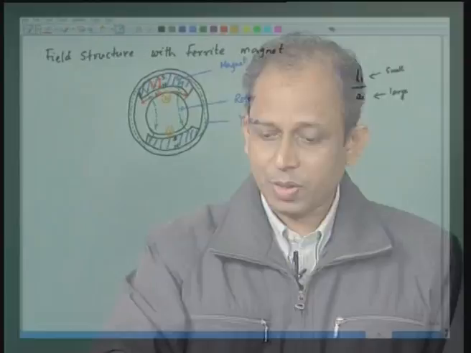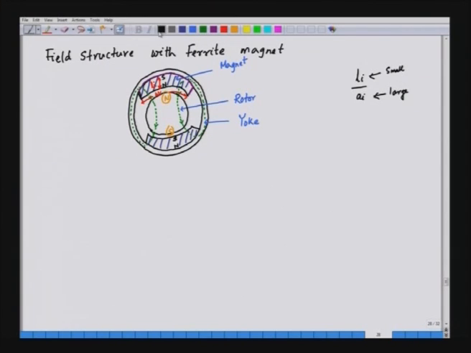The most expensive magnets are the samarium cobalt or rare earth magnets, because they have large Br and large Hc. We have already seen in the last lecture that, so we are talking about the field structure with rare earth magnets.